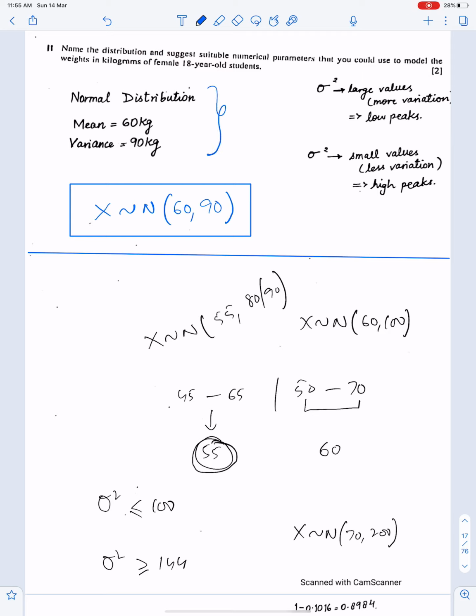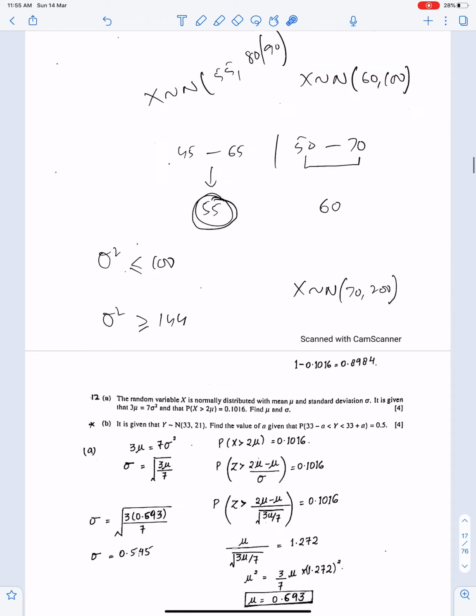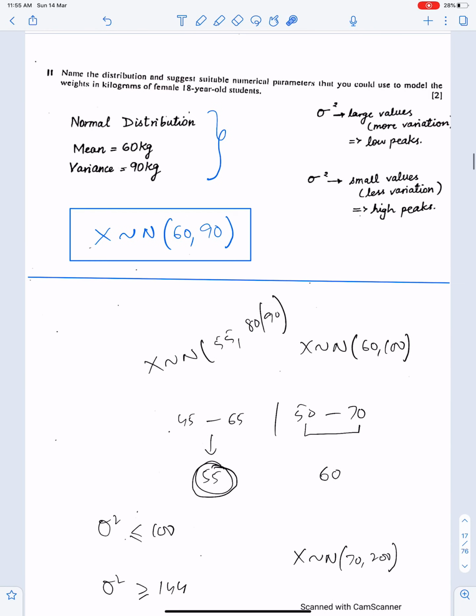This one is also fine. You just need to use common sense and write the weight of the student. If you are writing a precise value, then take small values of sigma square. And if you are writing an abnormal value, then write a large value of sigma square. If you want to take a screenshot of this, you can.